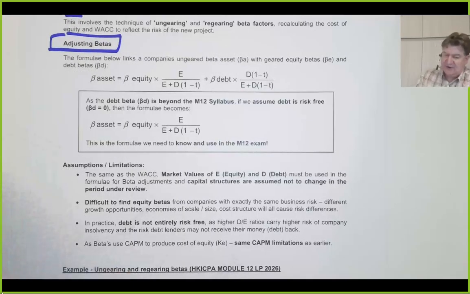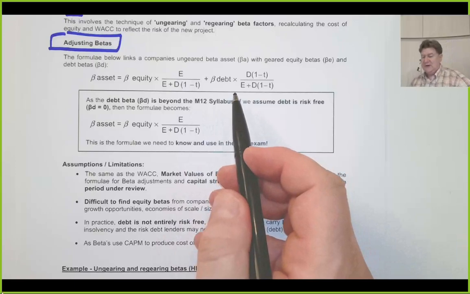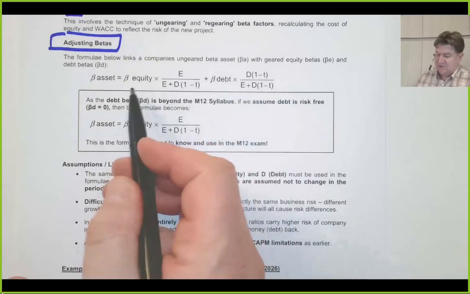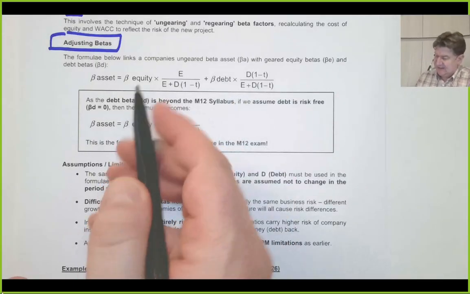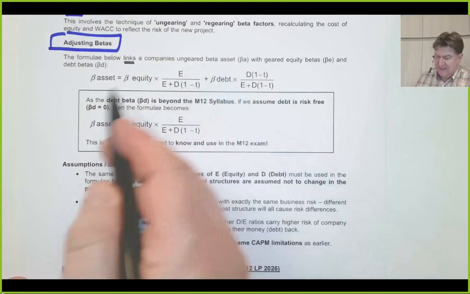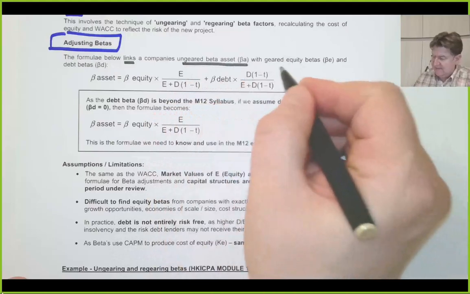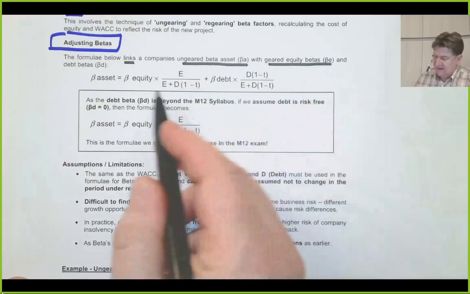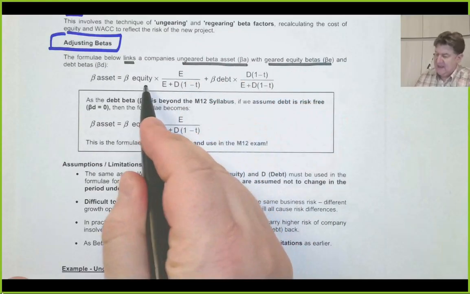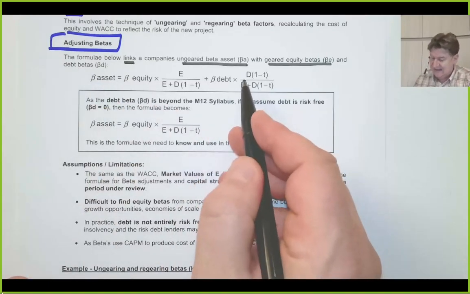So what we've got here, first of all, is this very, very long formula. What this long formula is trying to do is link the company's ungeared beta, the beta asset, with a geared beta. So we've got our equity betas there and something known as a debt beta at the end.